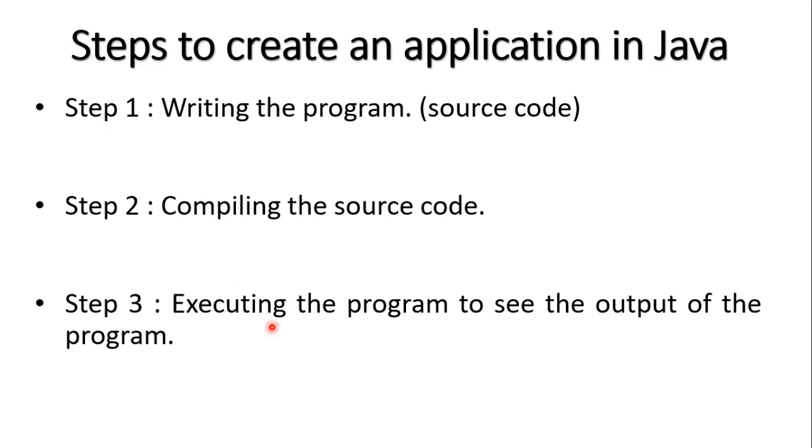Executing the program means to see the output of your program. There are very simple programs that you can write here. For example, you can write a calculator program, and you can write a program to solve mathematical problems. So there are some very small programs that you can write here and create an application in Java.